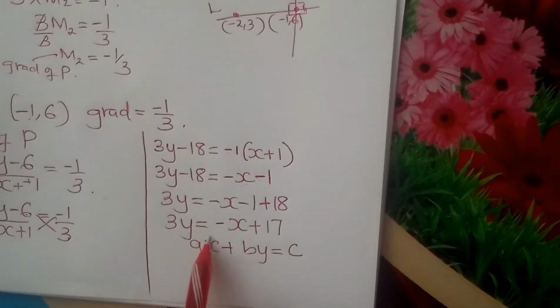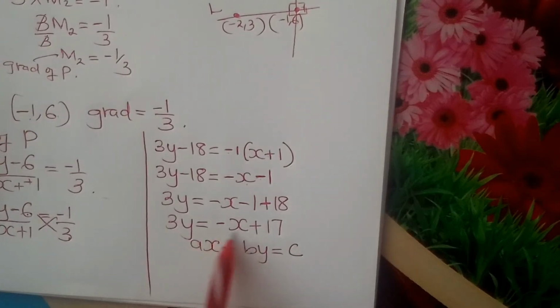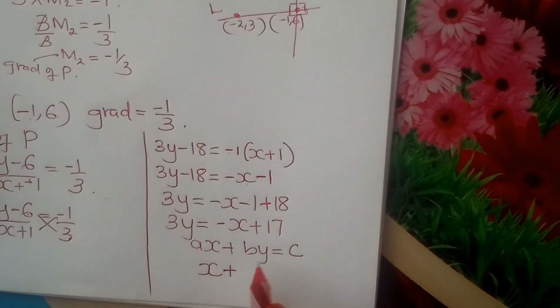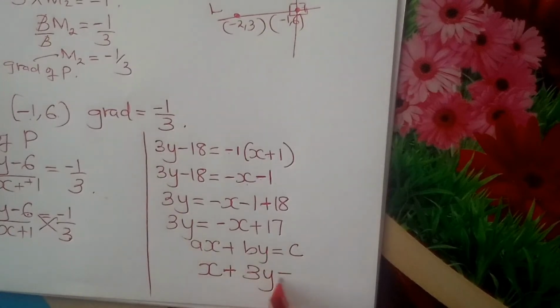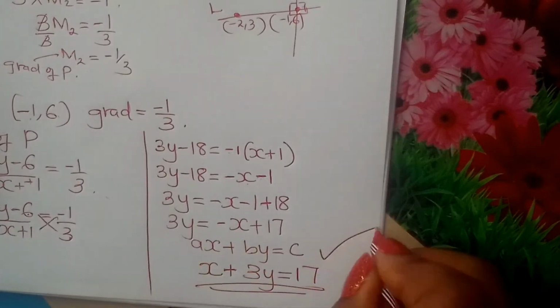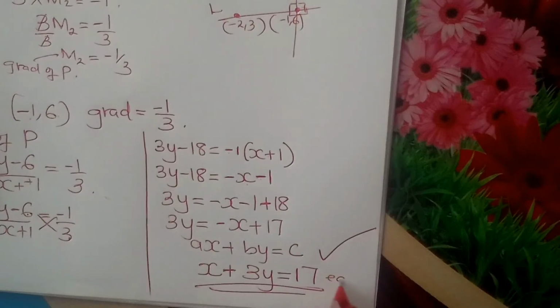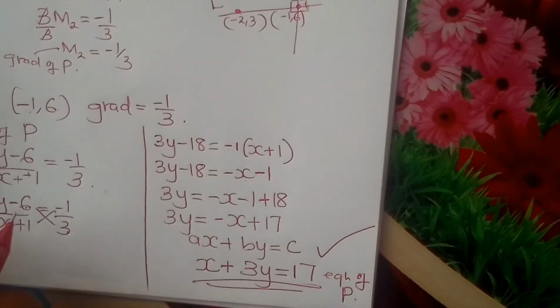In other words, you start with the term which has x, and it is this term here. So you take minus x to the other side, it becomes x, then followed by the one with y, which is 3y is equals to 17. So it is just a matter of arranging your terms this way. Good. And so this is the equation of line P.